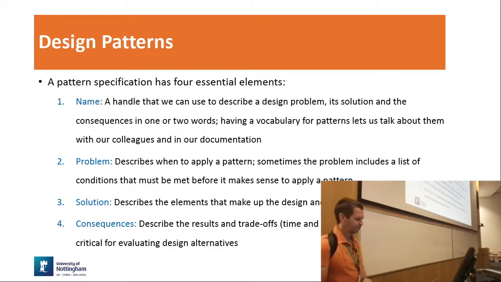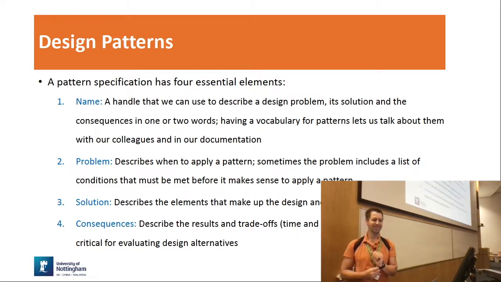A pattern specification has 4 essential elements. The name of the pattern, which I find confusing sometimes, like the MVC one, for example. So if you find some of the names confusing, you're not alone. Then the problem that it solves, the prescribed solution, and maybe some consequences to that solution.